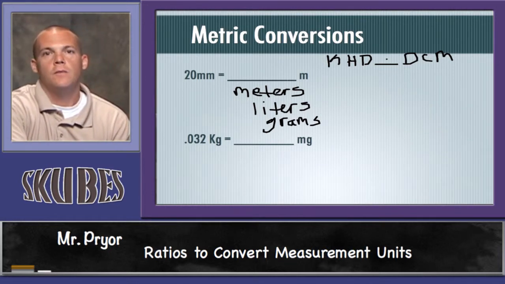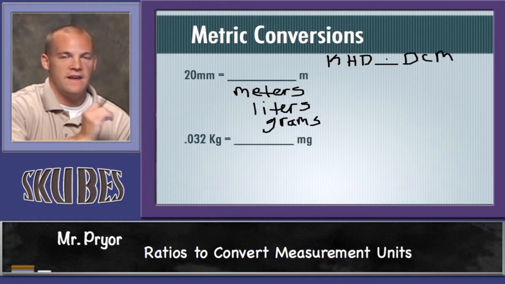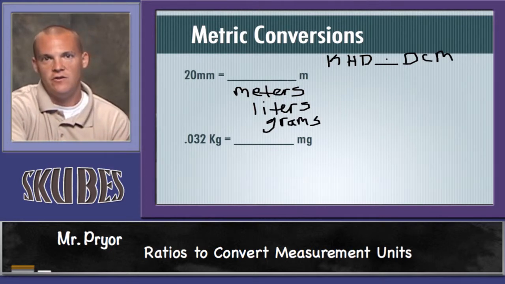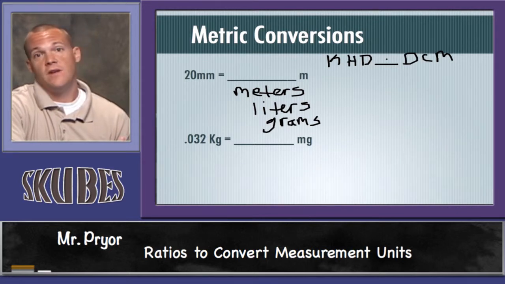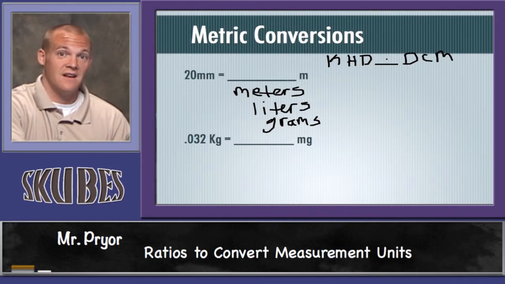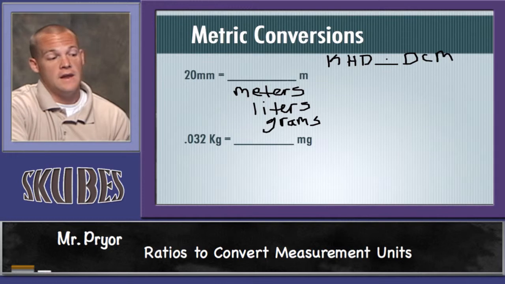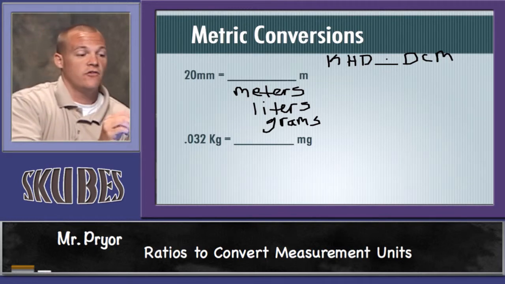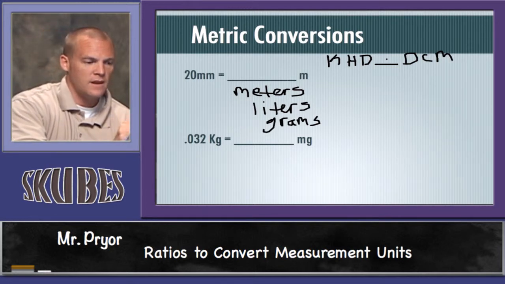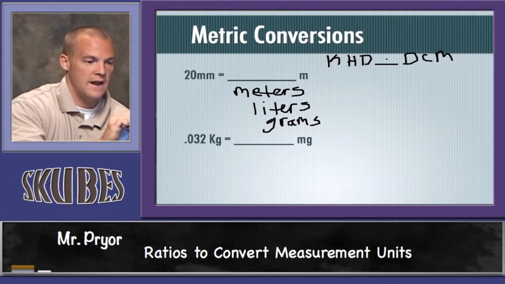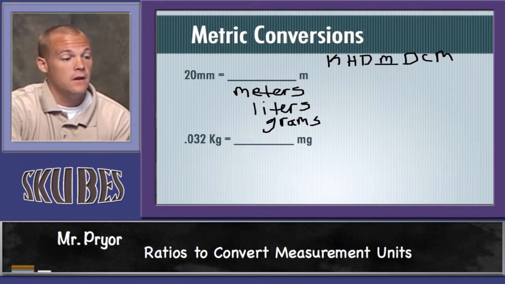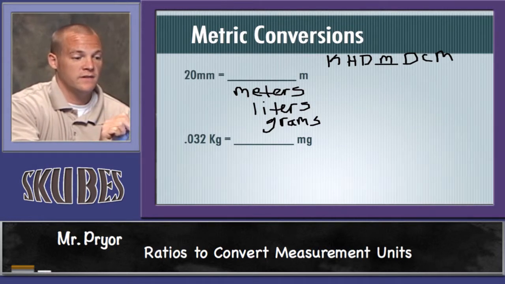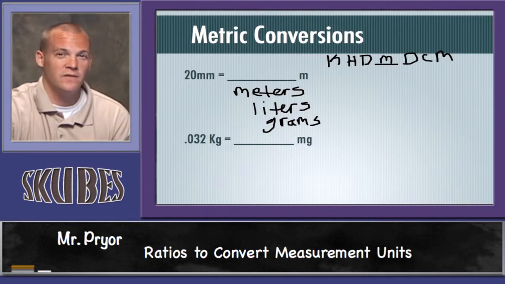Because that's where you'll put your standard base unit. And that's what I call it, a base unit, because everything else works off of that. However many grams is going to be determined by the prefix, deca, hecto, or kilo. And then how many liters, same thing. So we're going to go ahead and put meter, or M, right there, because that's going to represent meters. All right, now don't get confused, because this M, again, represents the prefix milli.